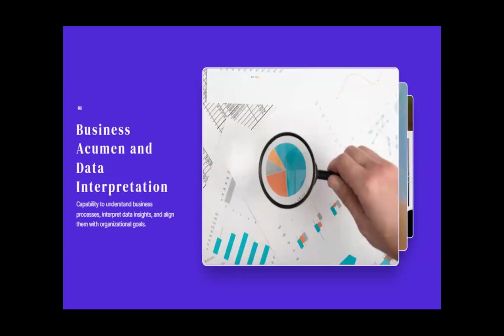Business acumen and data interpretation, we have already discussed this. For very interactive data interpretation and very robust data analysis, we definitely need Power BI, because Power BI has that much capability to show how data can be represented for a business purpose.